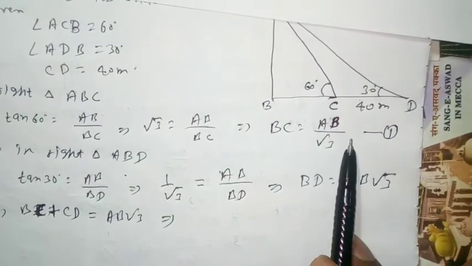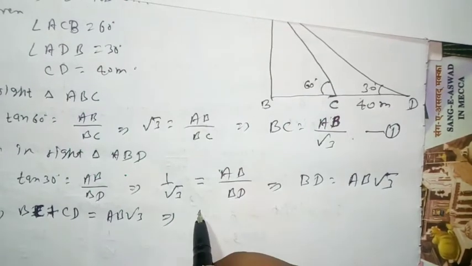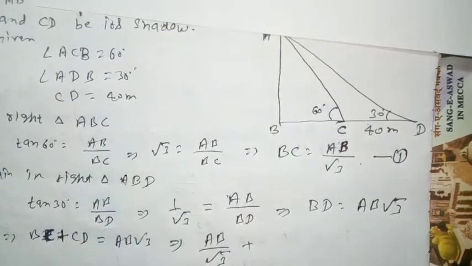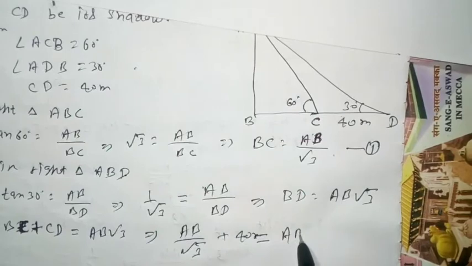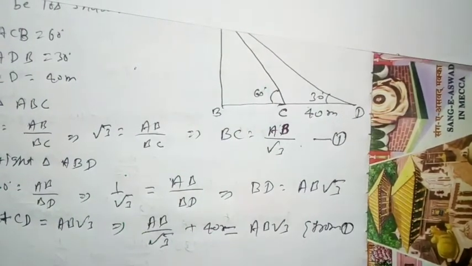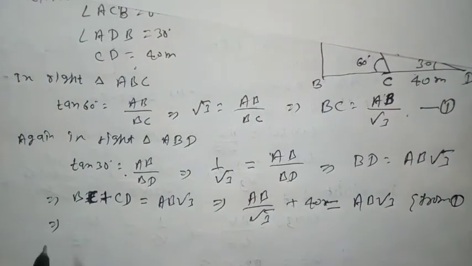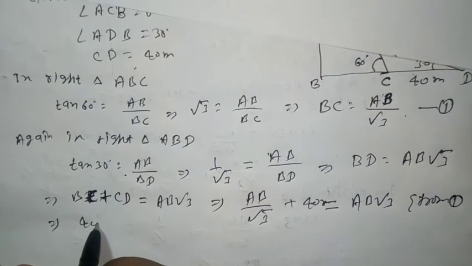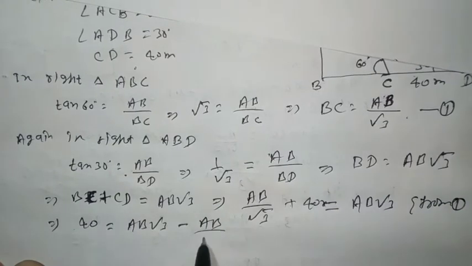The value of BC is AB by root 3, so AB by root 3 plus CD, that is 40 meter, is equal to AB root 3, from equation 1. Implies 40 is equal to AB root 3 minus AB by root 3.